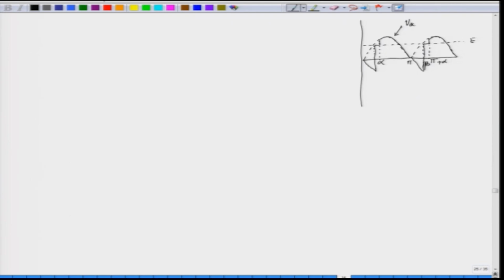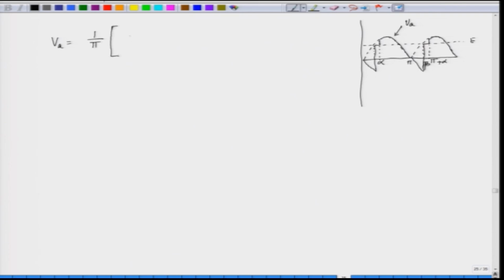Now, we need to find out the average armature voltage. What is the average armature voltage applied to the DC motor? If you want to find the average armature voltage, we integrate for 1/2 cycle, that is pi.